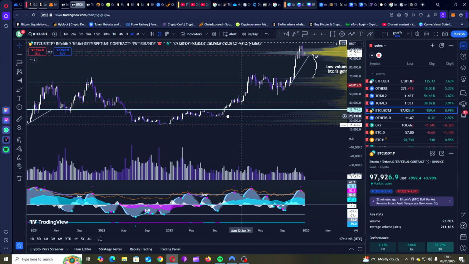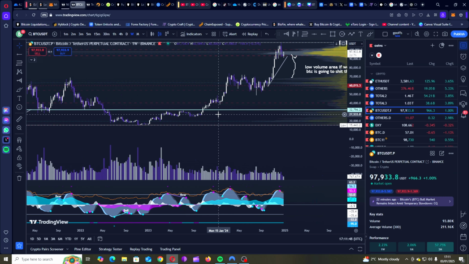I went long in BTC originally, as I think you all know I told you, at around 26k, because we created a supporting area at around 25k, which aligns perfectly with a previous resistance area.